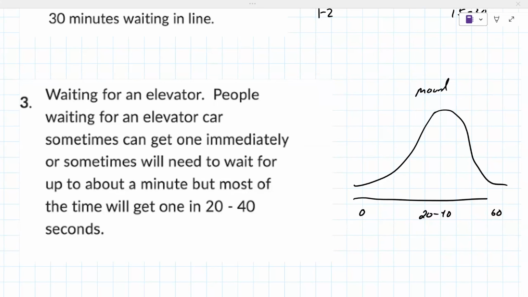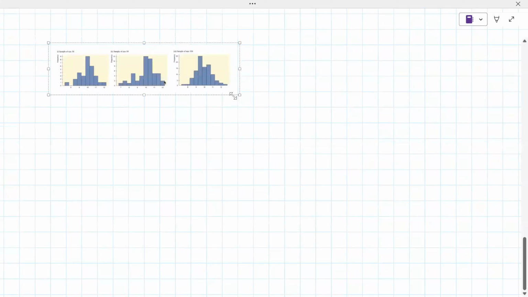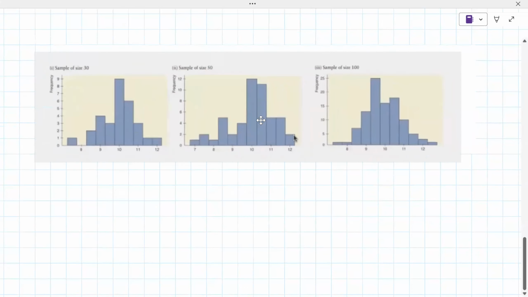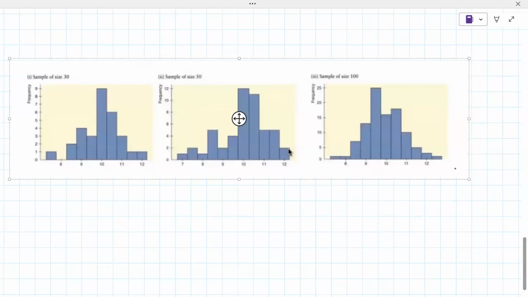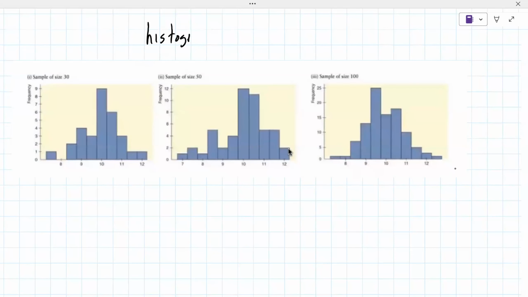Okay, so let's take a look here at this next question. They give you 3 histograms. Sometimes you get a question like this on a test, histogram versus bar chart. The reason this is a histogram is that the rectangles all touch, except where there isn't anything, but you can see they all touch each other. They're trying to show you here a sample size of 30, a size of 50, and a size of 100.